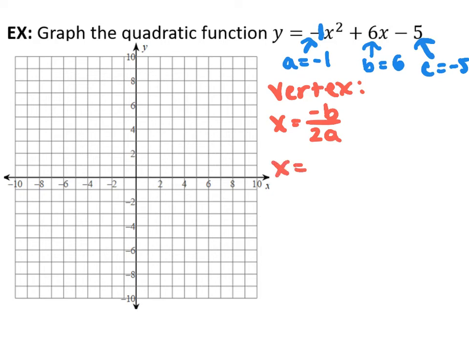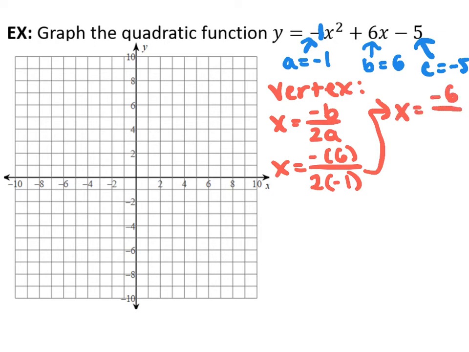This means it's x equals negative times 6 over 2 times negative 1. If we substitute and simplify, negative times 6 gives us negative 6, and 2 times negative 1 gives you negative 2. So negative 6 divided by negative 2 gives you x equals 3.